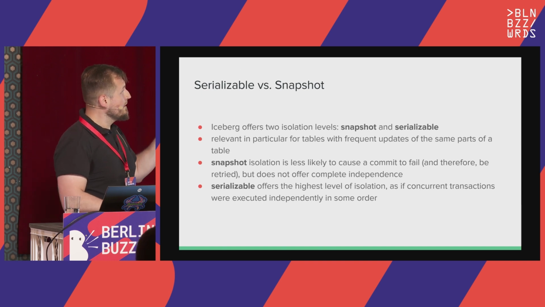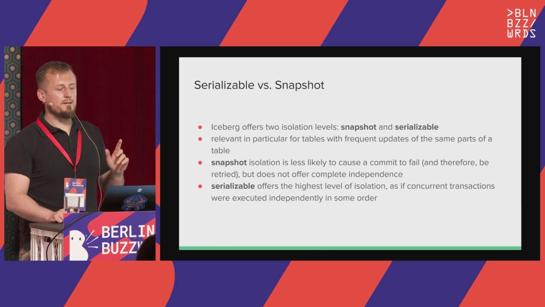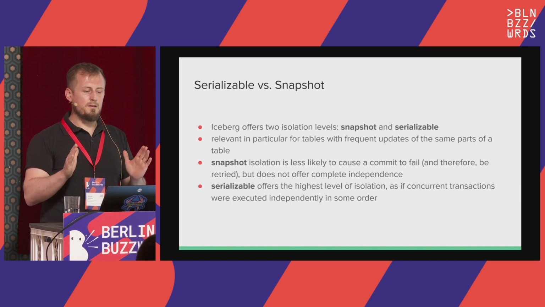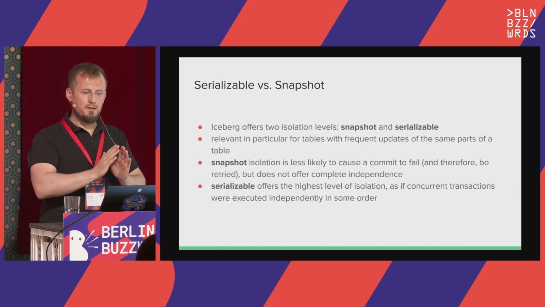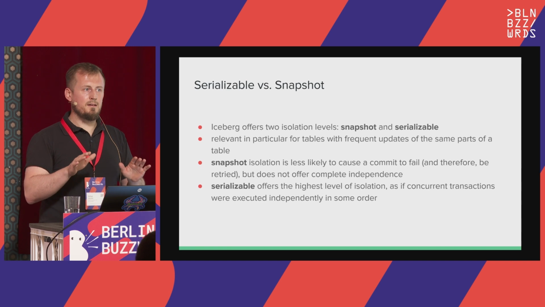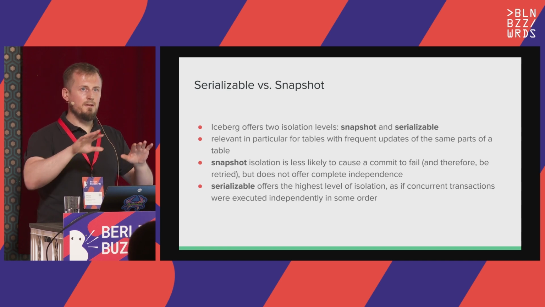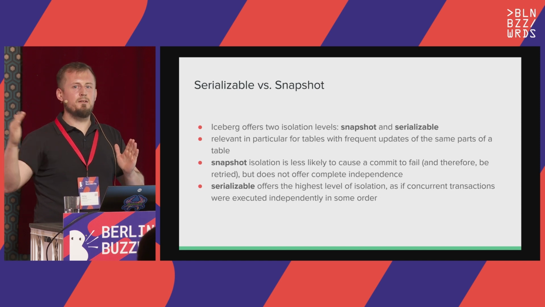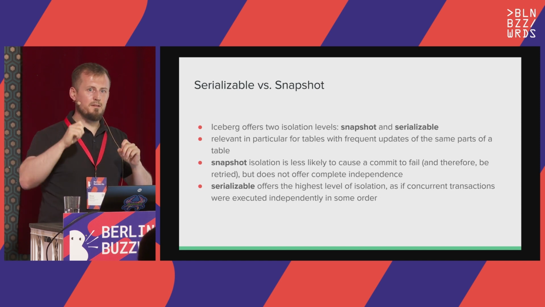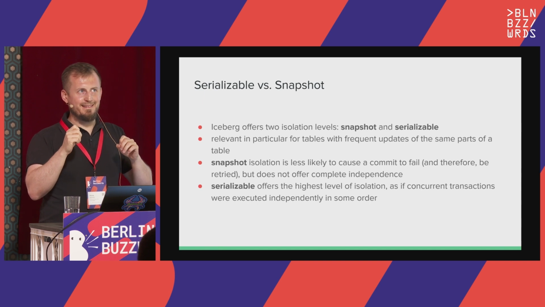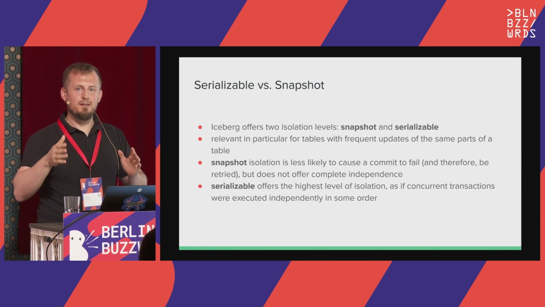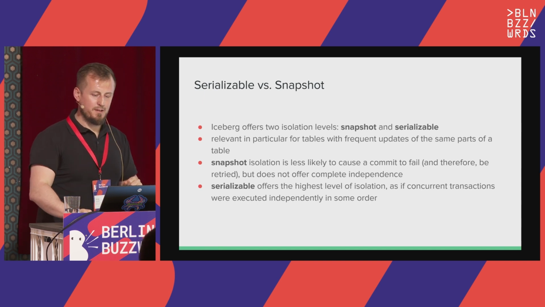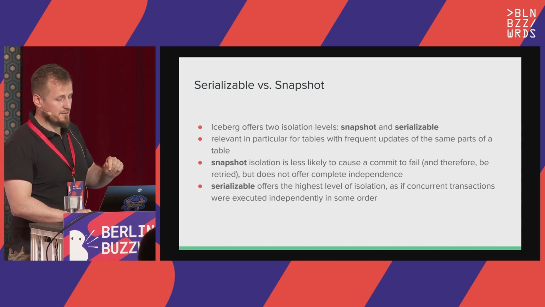Serializable is so expensive because it guarantees that if all concurrent transactions at this level succeed, then the table will look as if they were actually executed in a certain order, which means that the concurrency effects are completely gone and the isolation between transactions is complete.